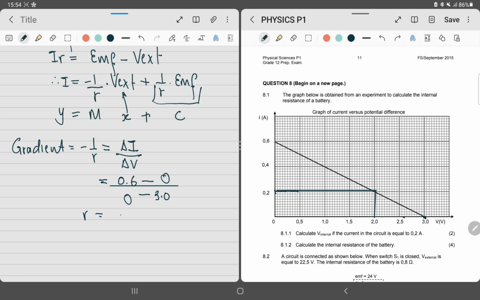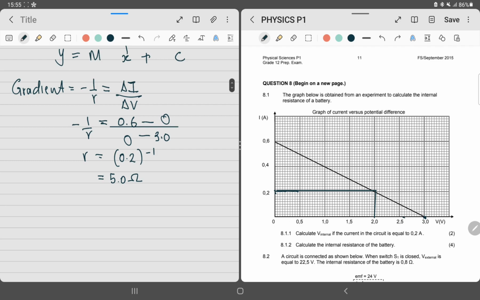So this is 0.2. So we need to find the inverse of this because this is 1 over R. So I'm getting that's the value of the internal resistance. This is option 1.